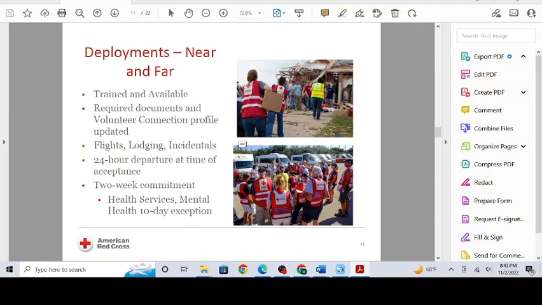While technically the American Red Cross will do international disasters, it is not a common occurrence. In all likelihood, one is likely to be dealing with disasters someplace in the United States. Okay?